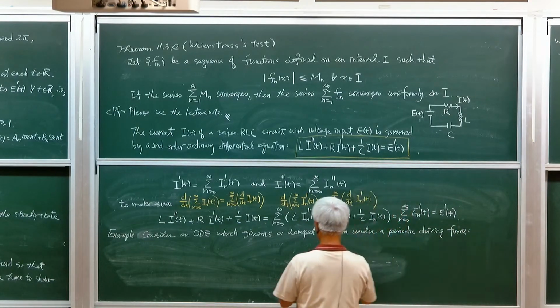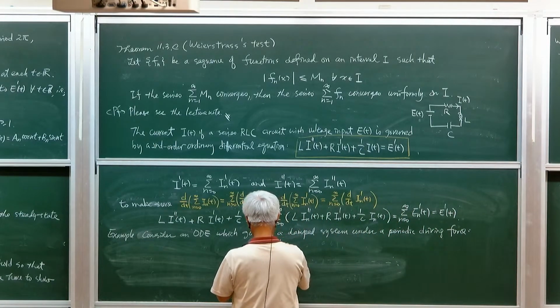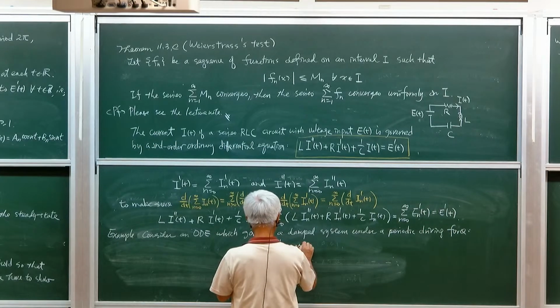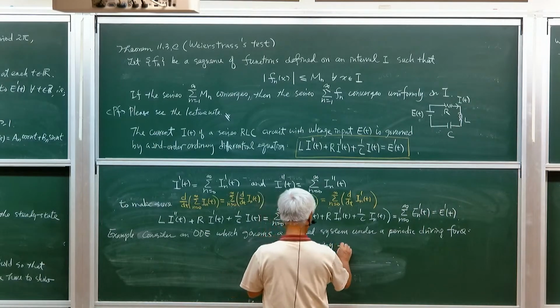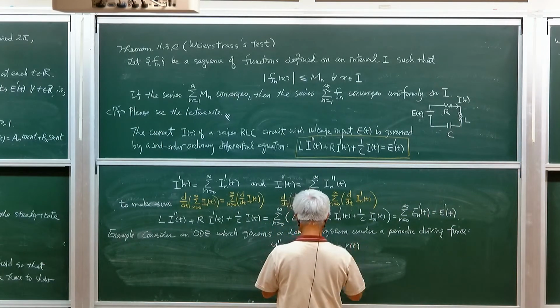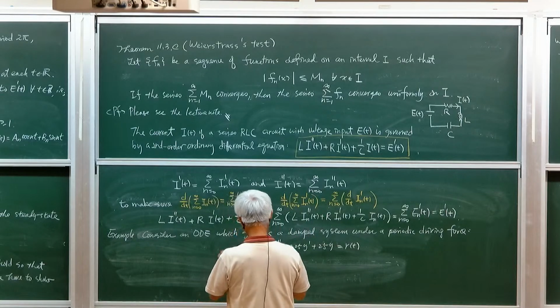So we have Y double prime plus 0.05 Y prime plus 25 Y equal to the driving force R of T.